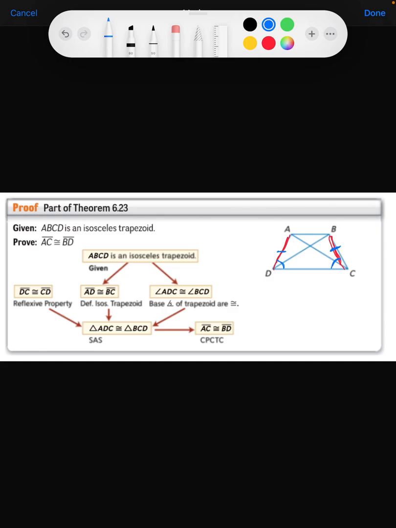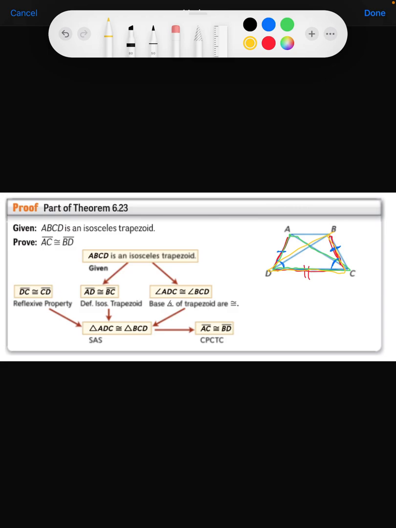And then we can say DC equals CD. So this line right here equals itself by the reflexive property. So then we can take a look, and we have two different triangles here. We have ADC, this one, and we have BCD, this one.